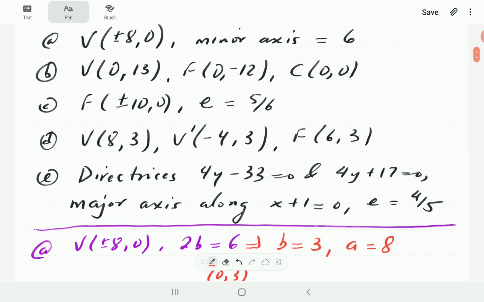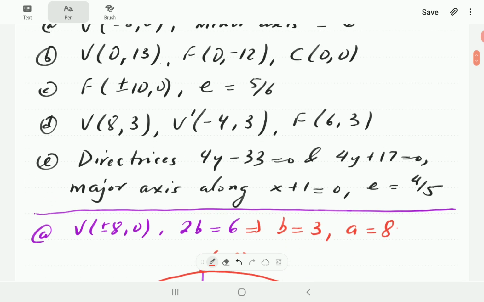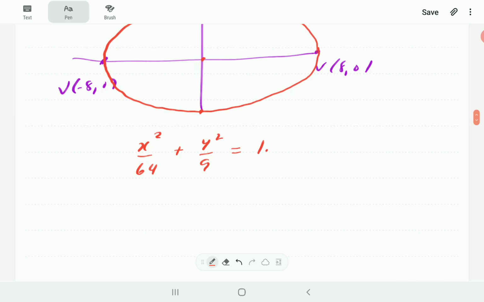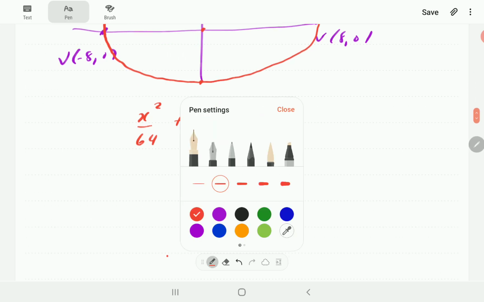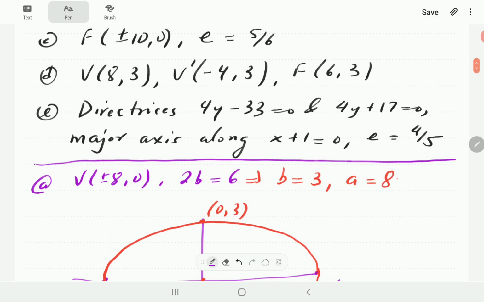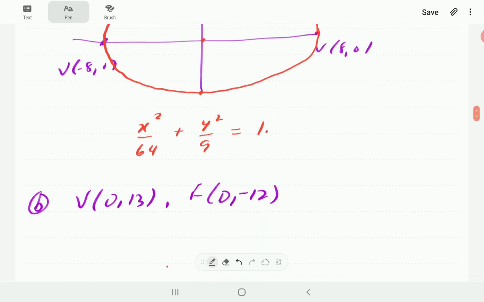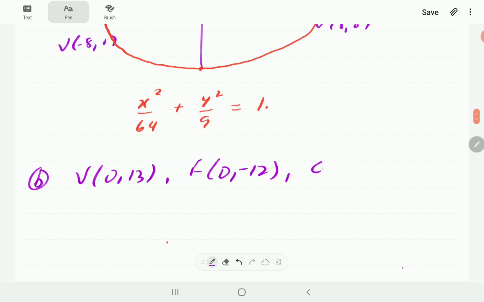Alright, and then in b we've got a vertex at 0, 13, and a focus at 0, minus 12. We have the center at 0, 0.